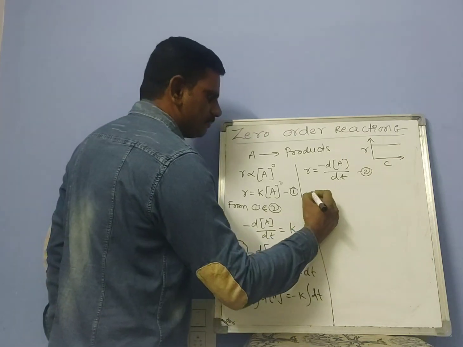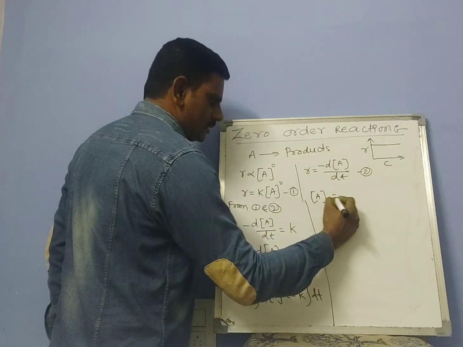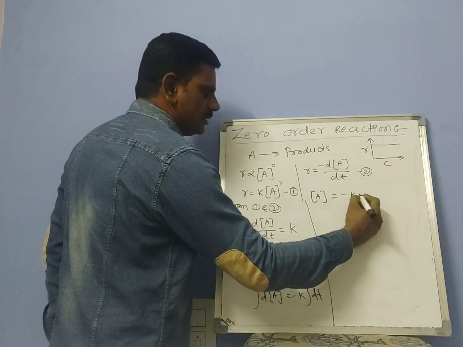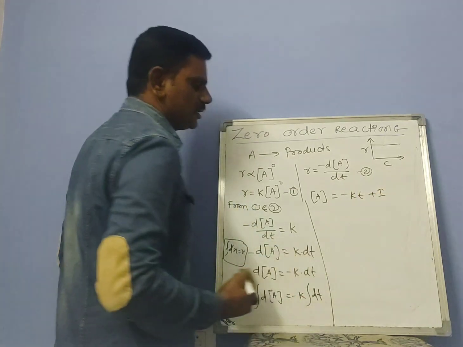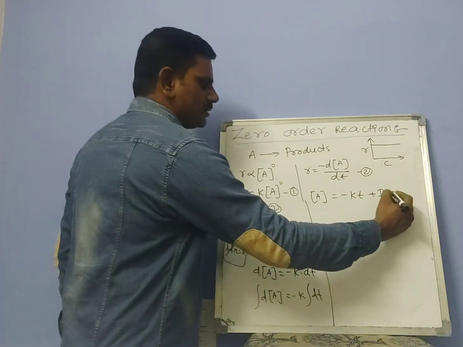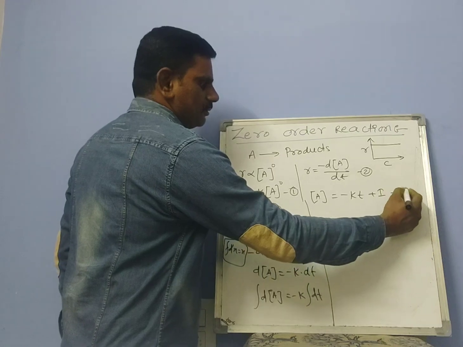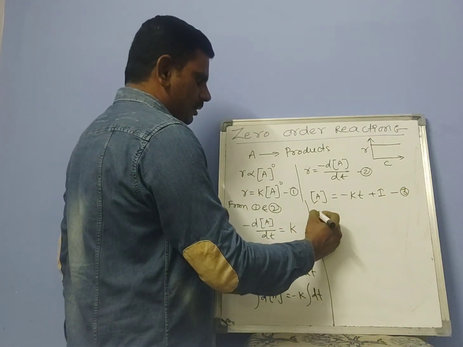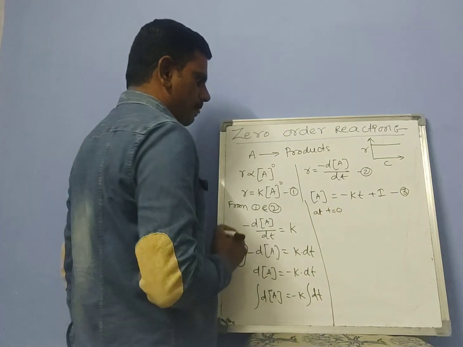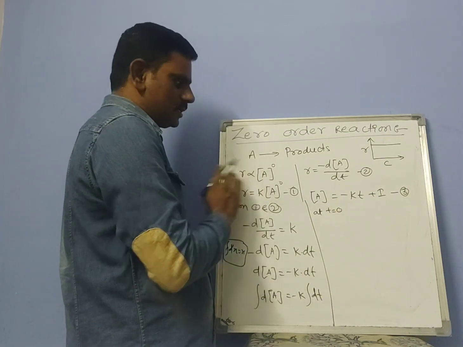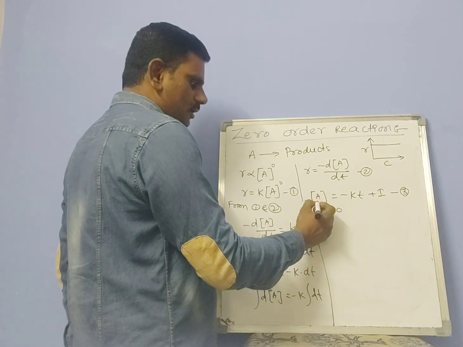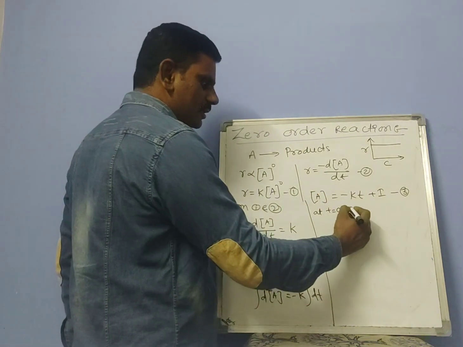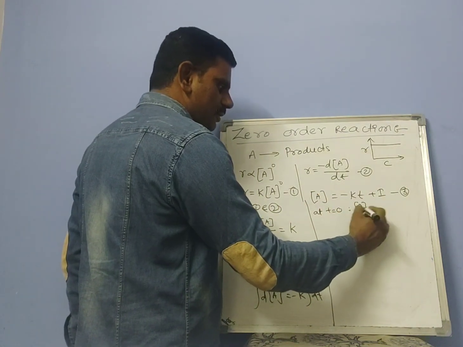Like that, A is equal to minus kt and we get an integration constant here. Say equation number 3. At time 0, reaction has not started. At time 0, the initial concentration of reactant becomes A0.